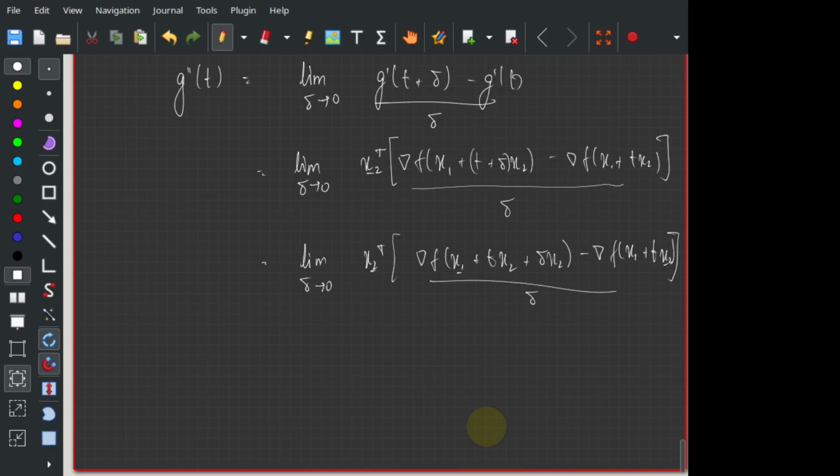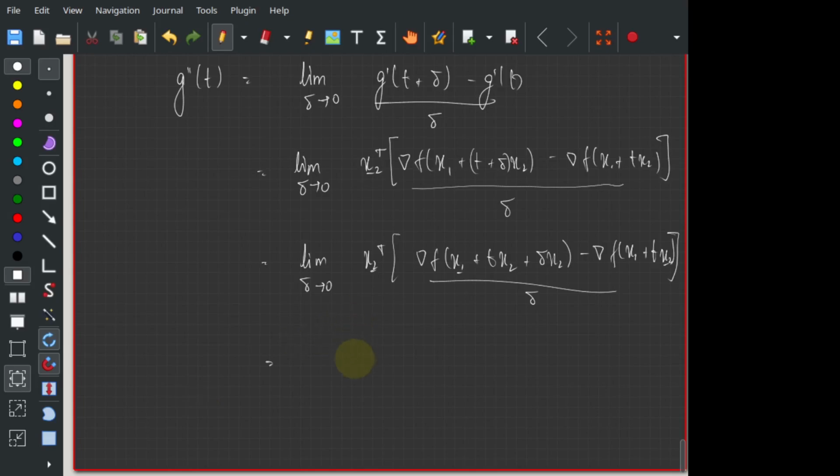So what will this quantity be? Derivative.